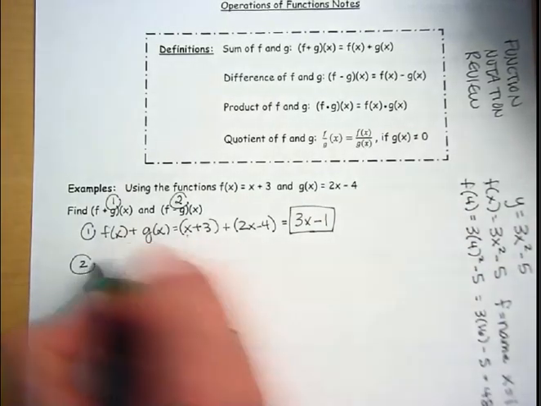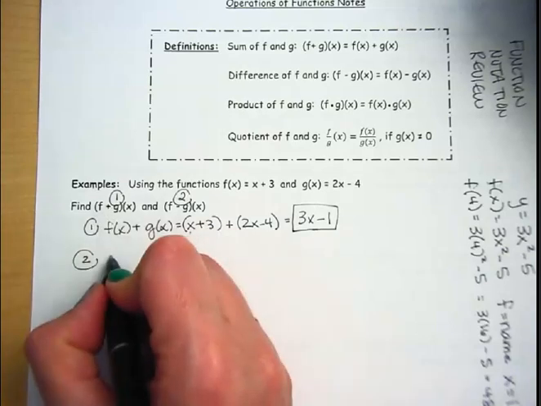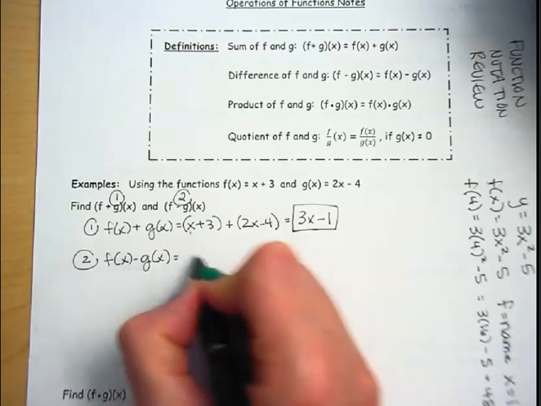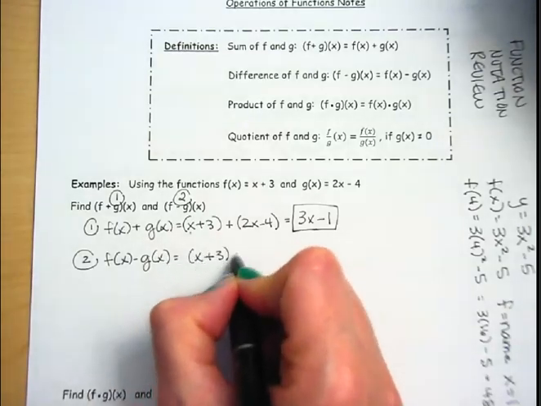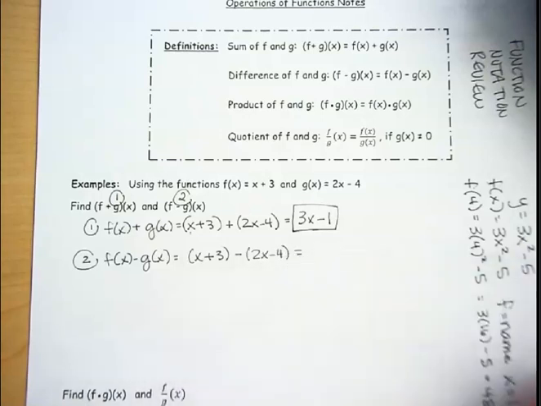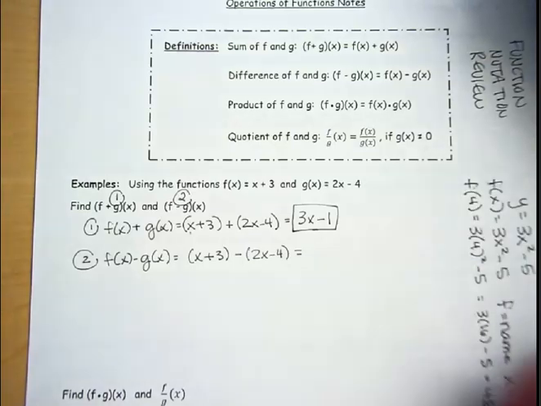Now I'm going to subtract f of x minus g of x. So f of x is x plus 3 minus g of x, which is 2x minus 4. Now, when adding, putting parentheses around the second function maybe wasn't such a big deal, but in this case it does serve a bigger purpose.